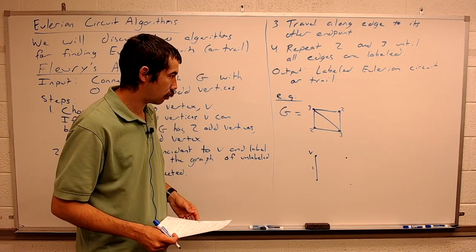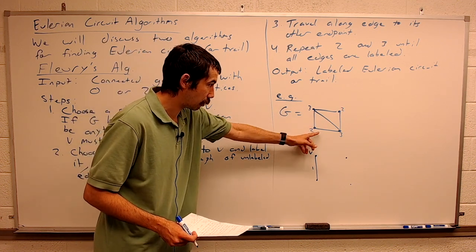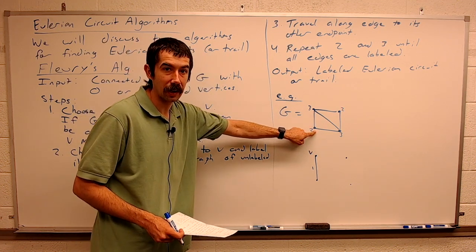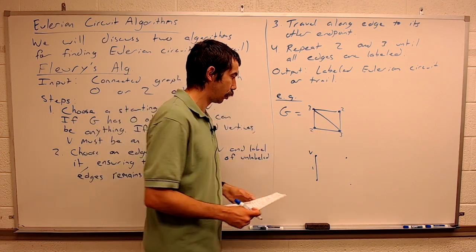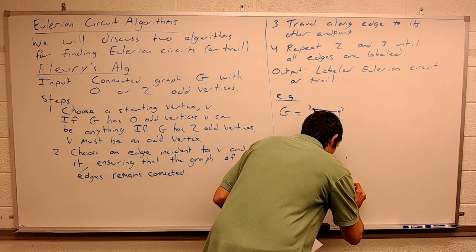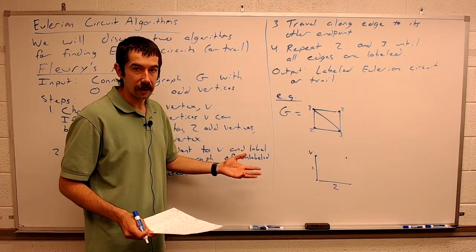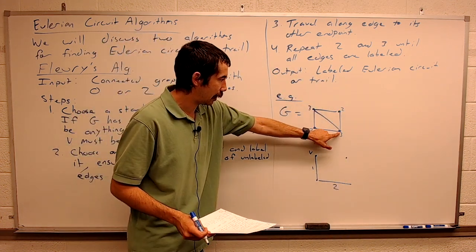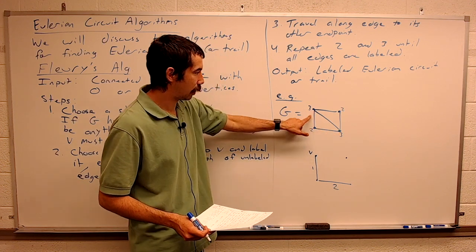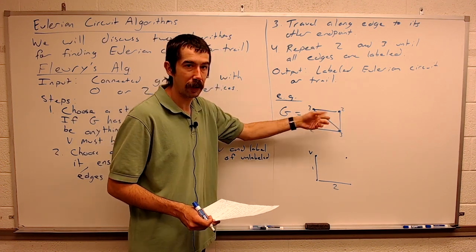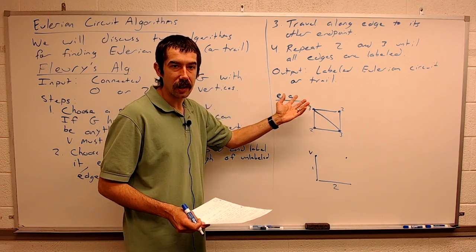All right, so that's our first edge. Now we're here. We have to pick one of the unlabeled edges. So I'll pick this edge. Label it. And we'll continue this process. All right, so now we're here. We can't use this edge. We can't use this edge. So we have 2 edges to pick from. Neither of them, if we use, is going to disconnect the graph.